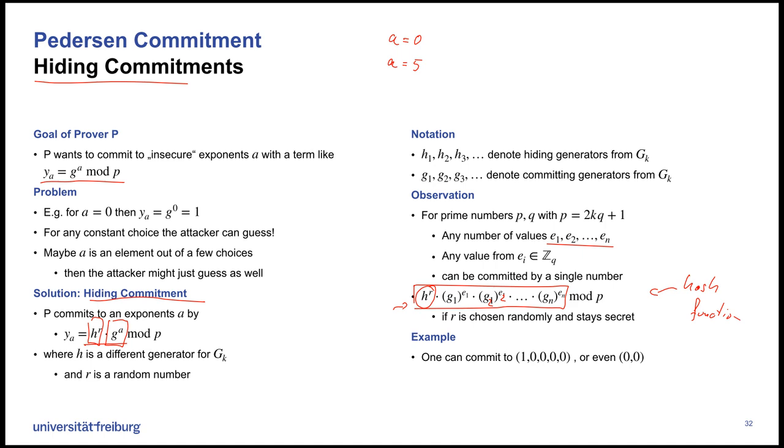Okay, the bottom line is now we can use any numbers. Yes? R is the only random number here. And this random number makes everything random. It's random, but still, if you want to explain to somebody else how you got this number, the only way you can do this is to say, okay, I have used this random number and this exponent, and that's the only way I get to this number.